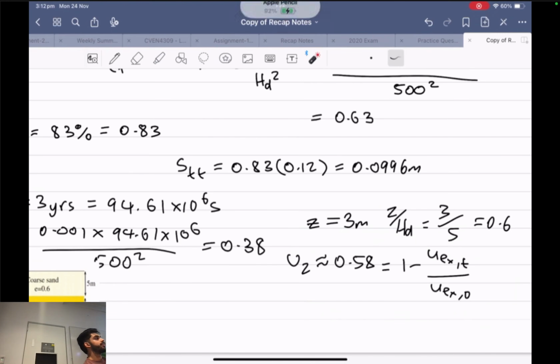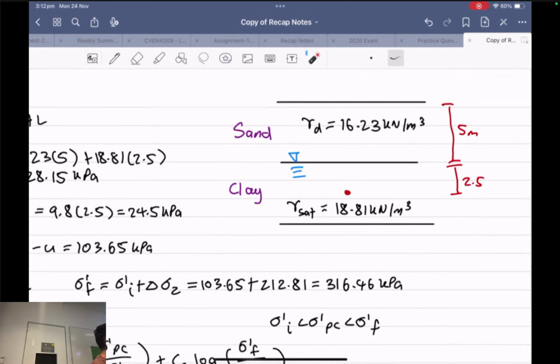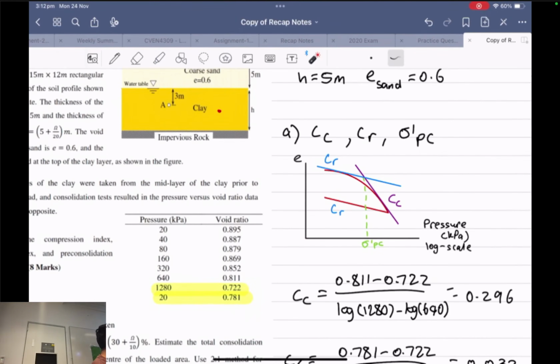It depends on what you want to find. If it's something like CC or CR, you don't really need graphing paper because it's just using values. But if you do have to graph it to find sigma dash PC, they probably will give it to you.